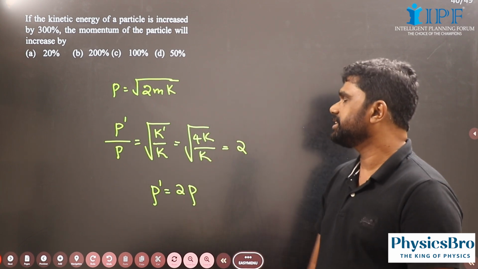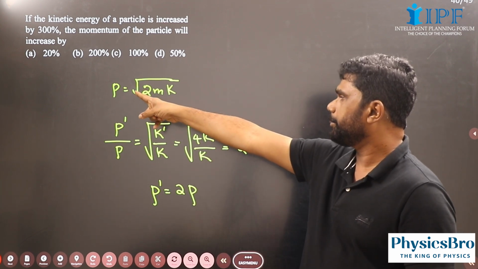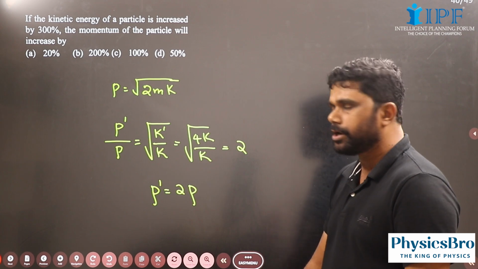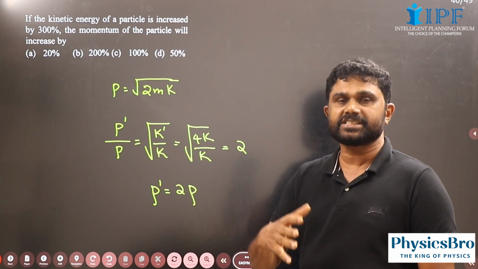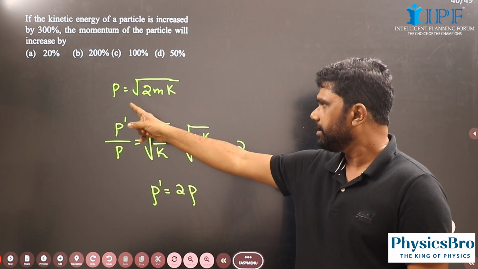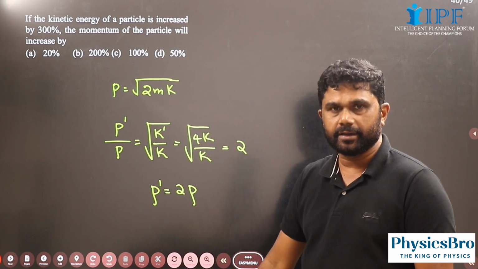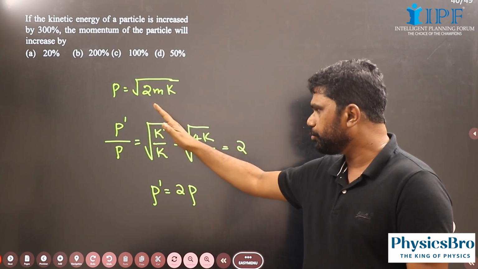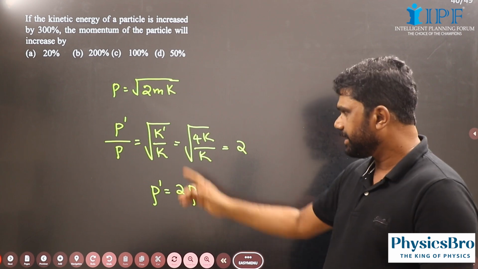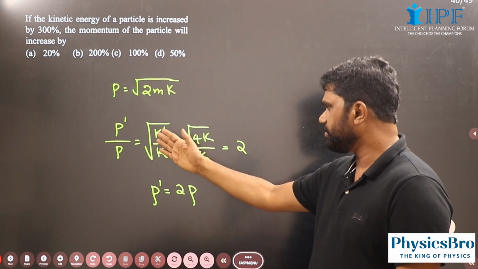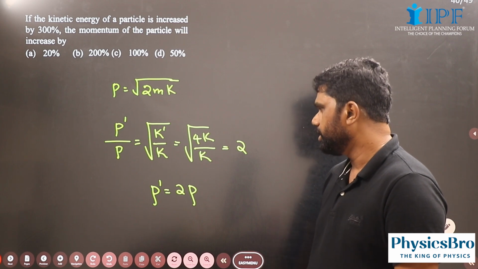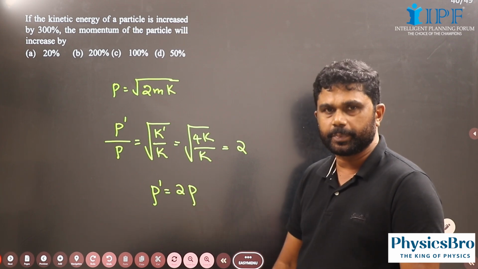What is the change in linear momentum? Here, P, linear momentum, equals under root 2m into k, kinetic energy. Mass does not change. So P is proportional to root k. So P dash by P equals root of k dash by k, and k dash equals 4 times the initial kinetic energy. So this will be root 4, and it is equal to 2. So we will get P dash equal to 2p.